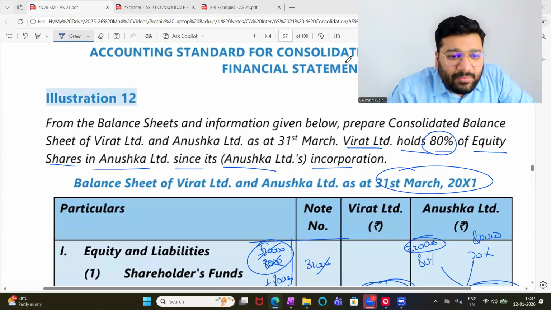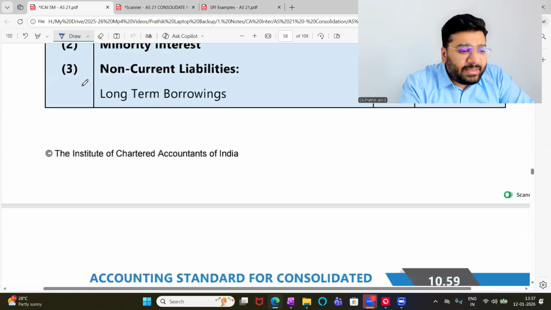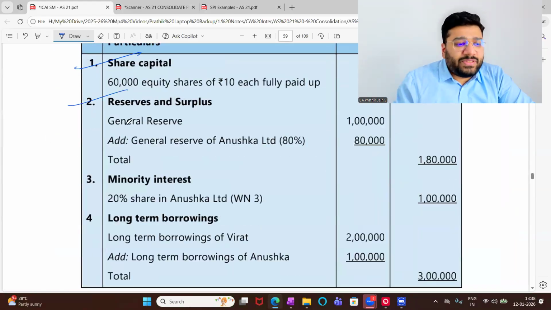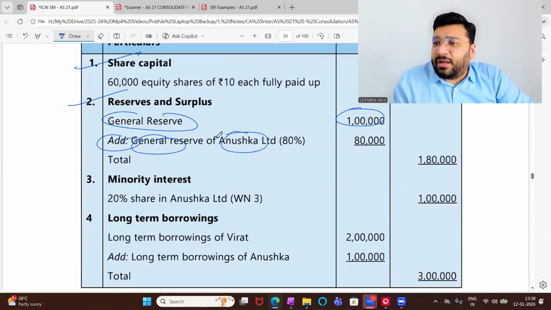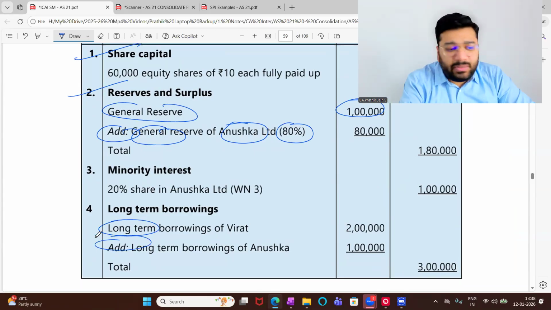Yes people, welcome back from the break. So let's continue. Now that you've done the illustration well, before I go to the next part, I just want to tell you that in this particular question, for every single item, they've done the note. See, general reserve of holding company, add general reserve of subsidiary company, the 80% part. Long-term borrowing, add long-term borrowing of subsidiary company. This is what they've done.